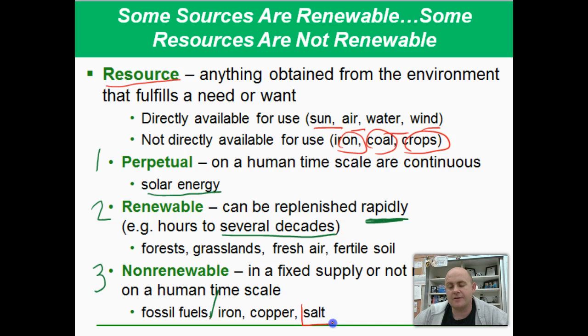Usually, a seaway or something that gets dried up over time can replenish salt supplies. Copper and iron are things that are made inside of stars when they're created or in the process of dying. And so these 2 things are pretty much a fixed quantity on the planet. Hopefully they stay that way, because if not, it implies probably a supernova explosion or a dead star, which we don't want a lot of laying around.